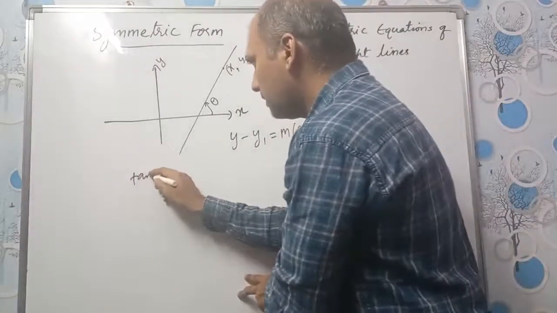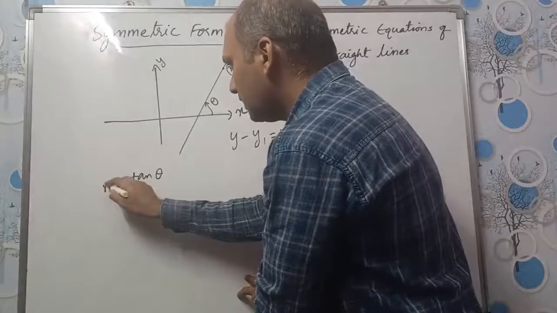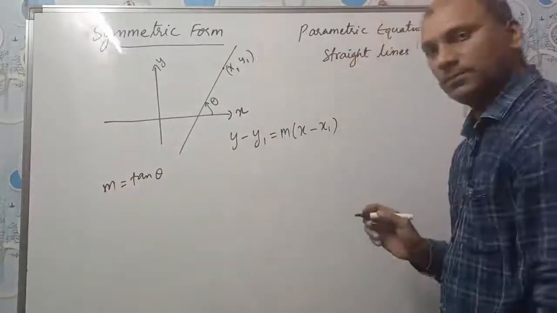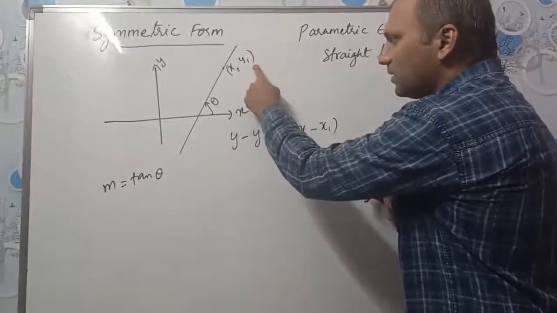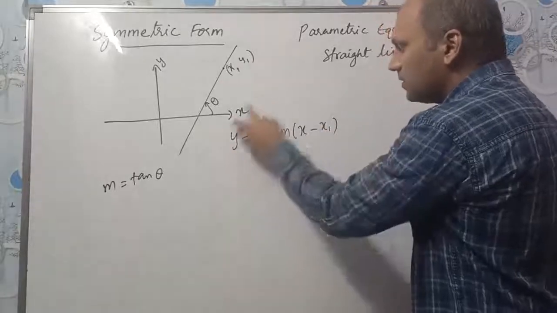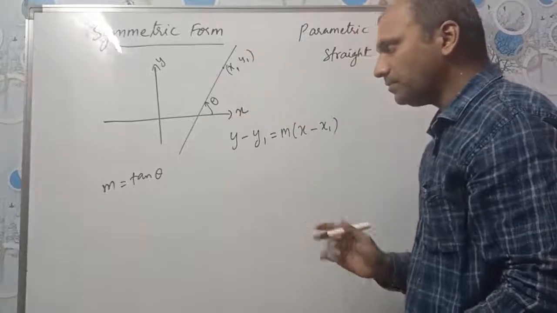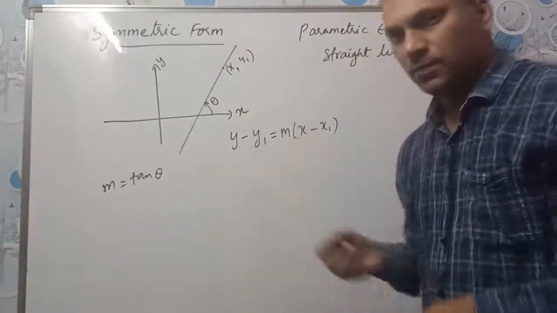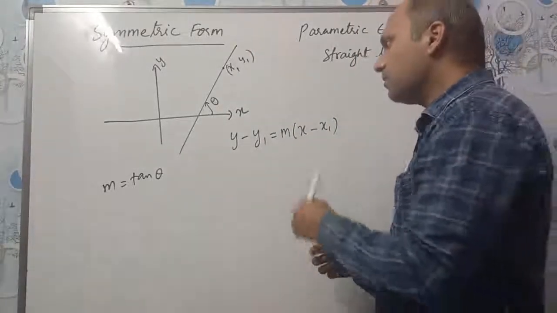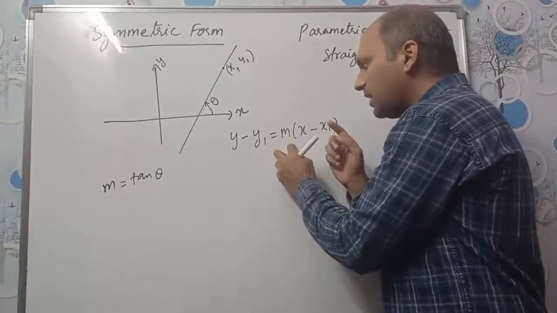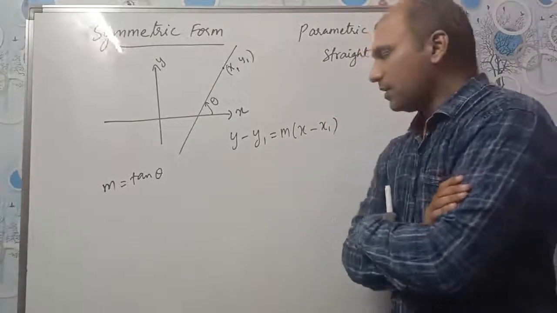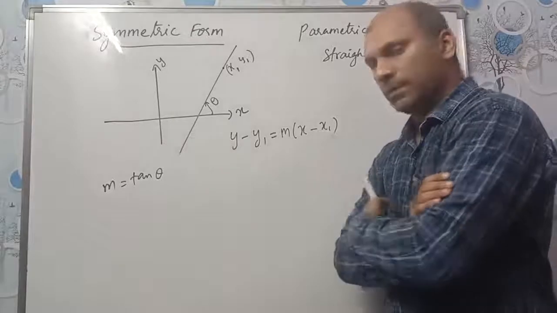Tan theta is equal to m, and we have x1 y1. If we substitute the values of m and x1 y1 in this, we will get the equation of this straight line. This is point slope form. Why is it called point slope form? We have one point and we have a slope. That's why it is called point slope form.